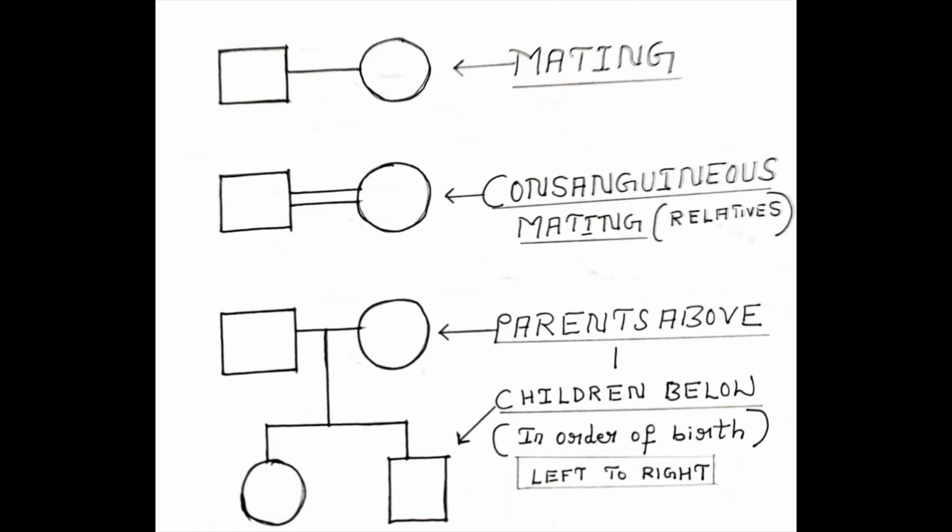If there is a line between a square shaped male and a round shaped female, then it indicates mating. And if there are two lines, it indicates consanguineous mating. And the third one, just look at the third one. The first indicates the parents, the first generation, and the second indicates children, parents above and children below.